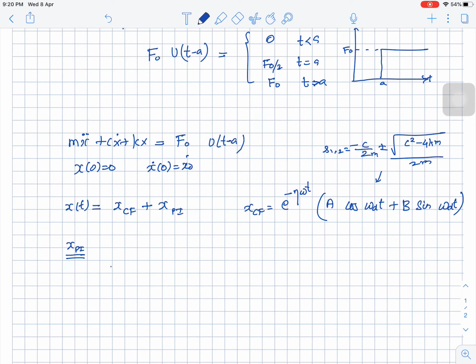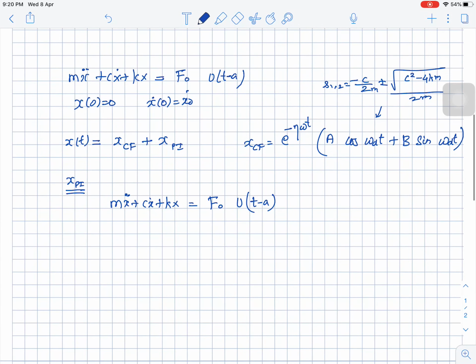How to find this? m x double dot plus c x dot plus k x equal to f naught u of t minus a. When t is less than a, it is a homogeneous equation, so for that we have the solution here.